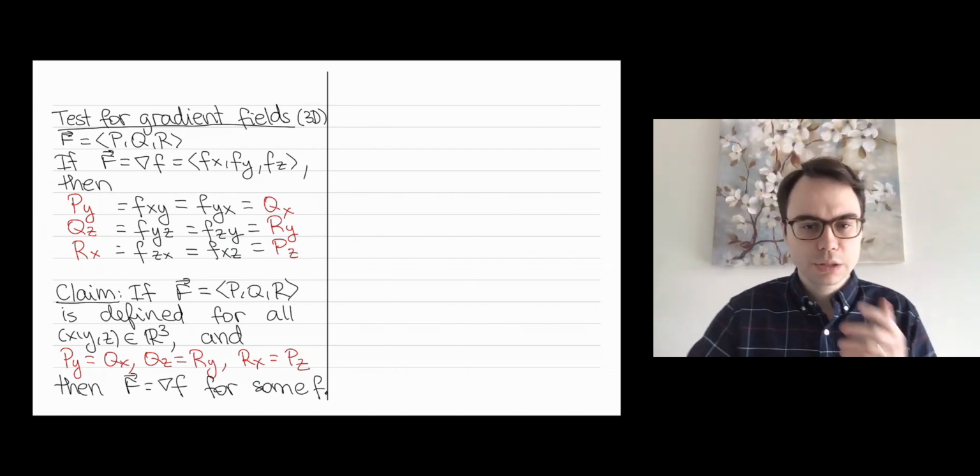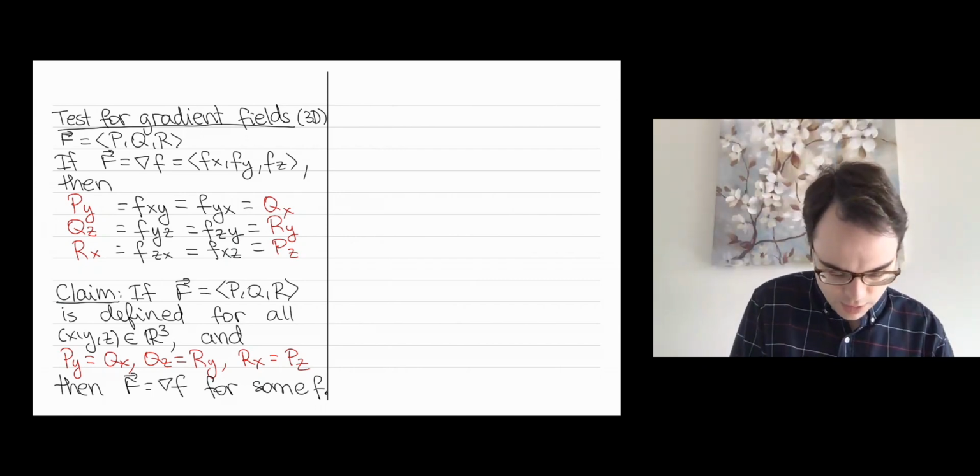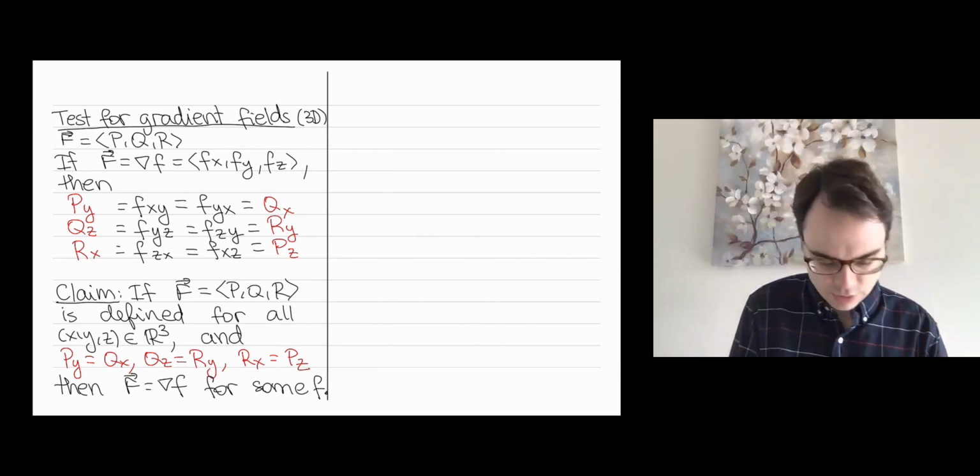Okay, so just the same as before, but this time we have three conditions rather than just the first one.